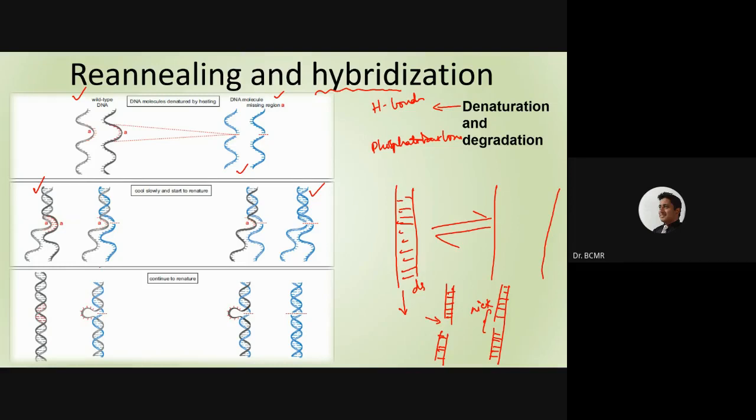But sometimes you may have a molecule with one strand from the wild type and the other from the mutant. They can hybridize as shown here. Here you have two strands with different genetic information, and if base pairing occurs between them, you call that a hybrid, and the formation of that is called hybridization.